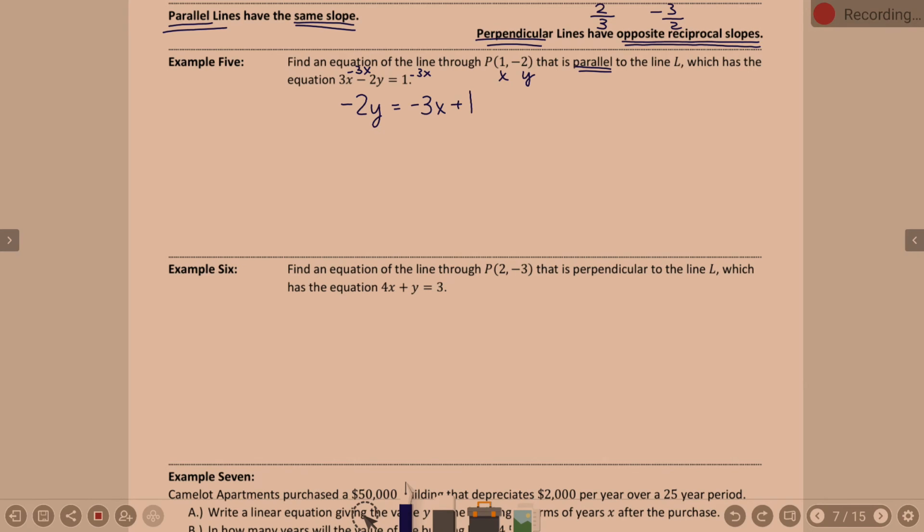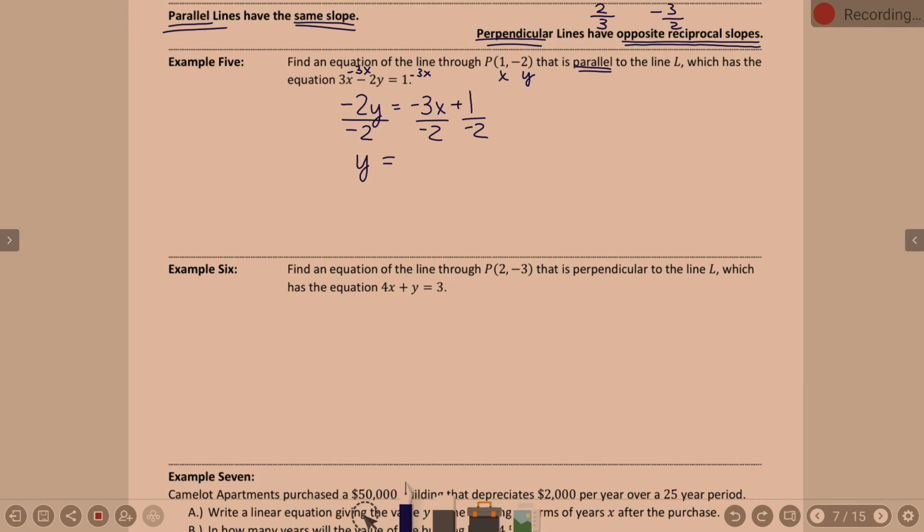I did that just because in my brain, I know I'm going for y equals mx plus b, so I'm trying to get myself ready. How do I get y by itself? When we divide by negative 2, we're going to divide everybody by negative 2.